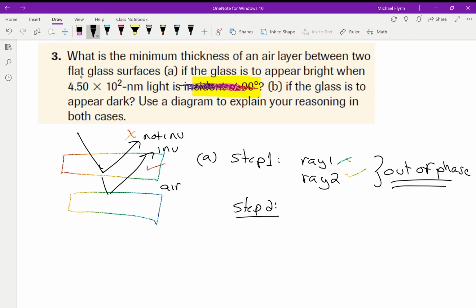The wavelength in the medium will equal the wavelength in the vacuum divided by the index of refraction for air. That's just the wavelength in the vacuum divided by 1.0, so it's the same as the wavelength in the vacuum. We don't have to change it. The wavelength in the vacuum is 450 nanometers.